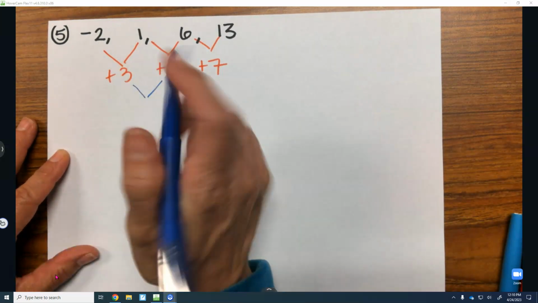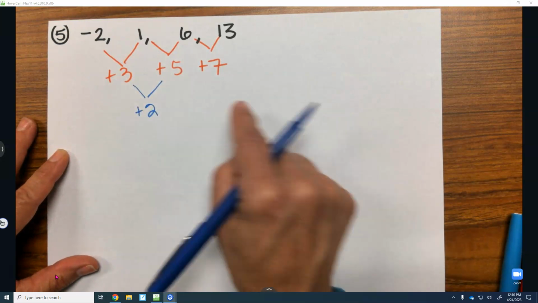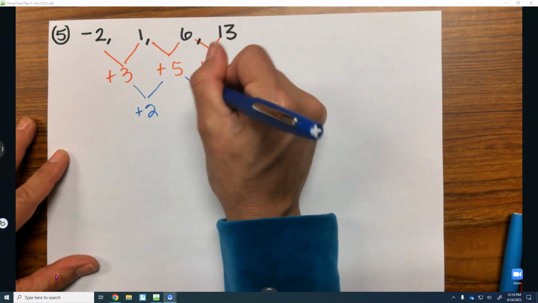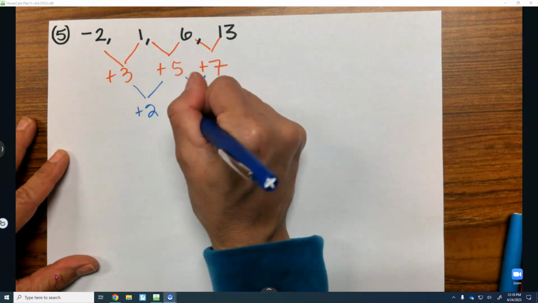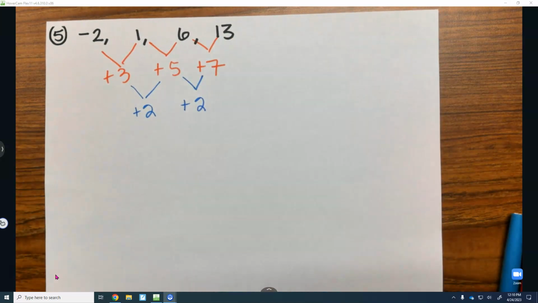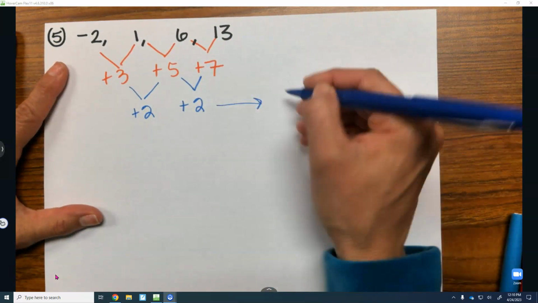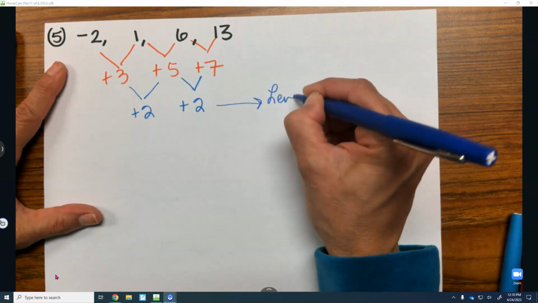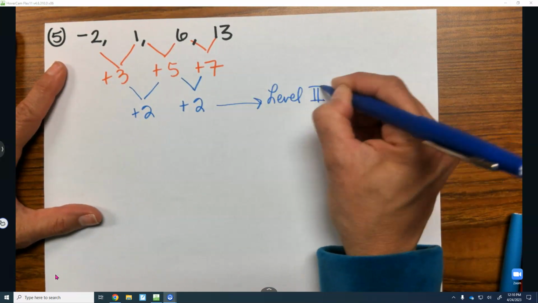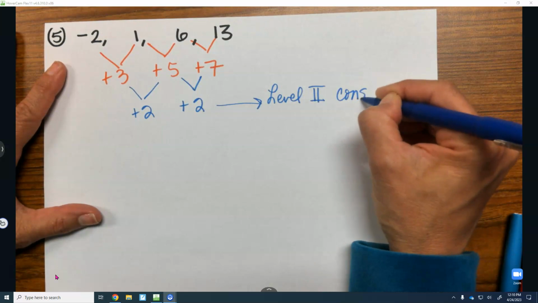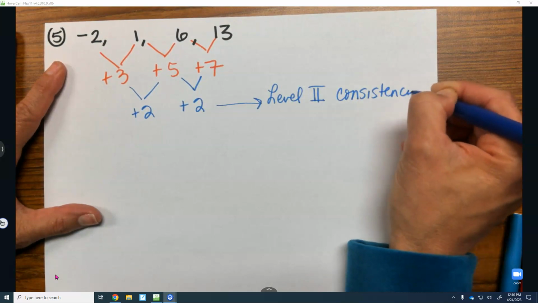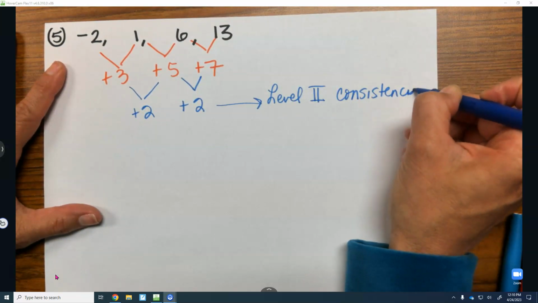A 3 to a 5 is plus 2. And then what about a 5 to a 7? Plus 2. So what we have here is a level 2 consistency.